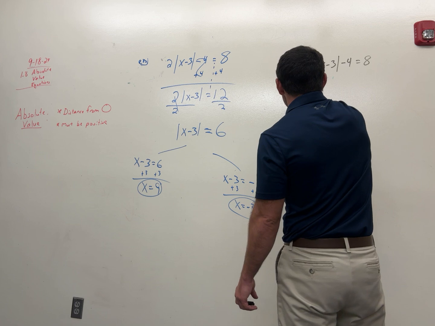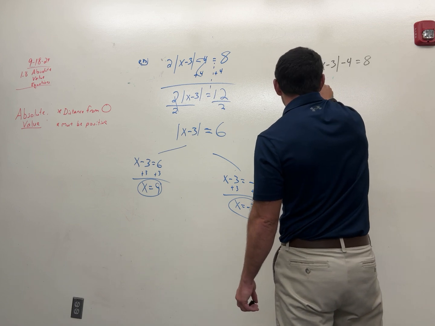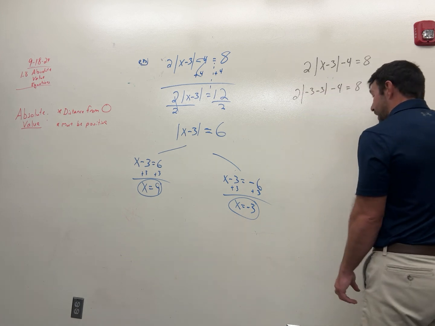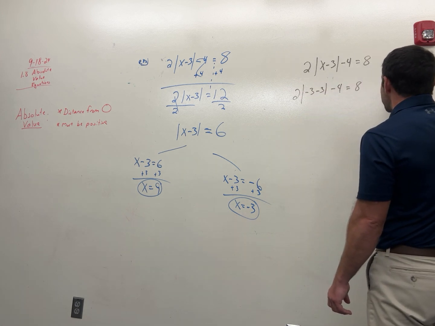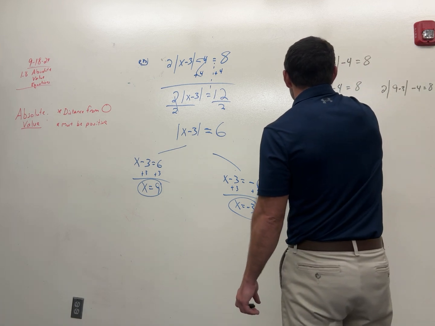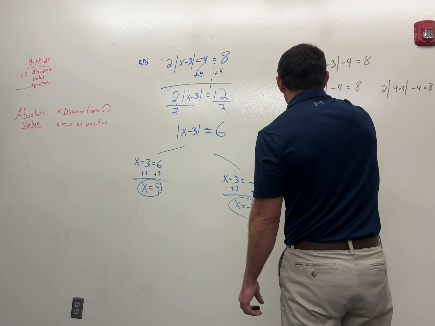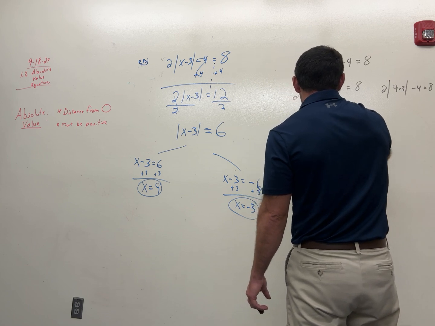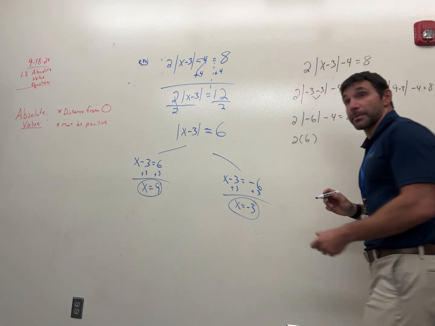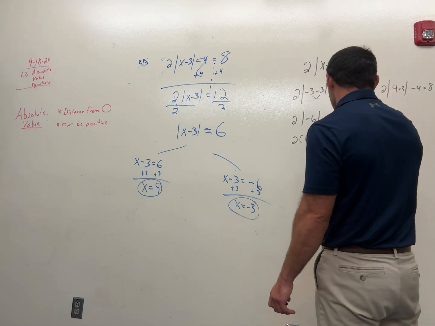So we're going to say 2, absolute value of -3 minus 3 minus 4 equals 8. And 2, absolute value of 9 minus 3 minus 4 equals 8. Okay, so grouping symbols gives me 2, absolute value of -6 minus 4 equals 8. So that's 2 times 6 after I do the absolute value, minus 4 equals 8.